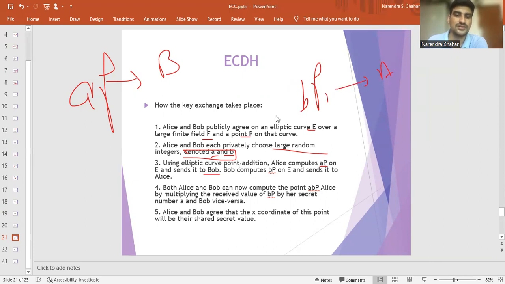Okay, so the random numbers taken by them are different, might be the same in some rare cases. So both Alice and Bob can now compute the point abP, Alice by multiplying the received value of bP by her secret number a, and Bob vice versa. So this is the final value abP here. Alice and Bob agree that the x coordinate of this point will be their shared secret value.